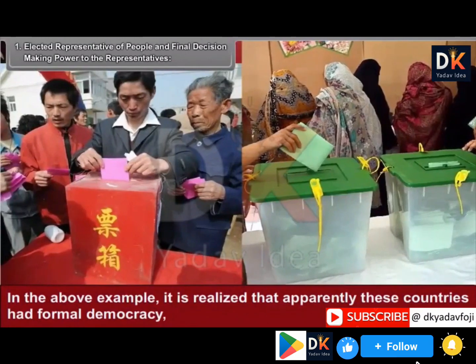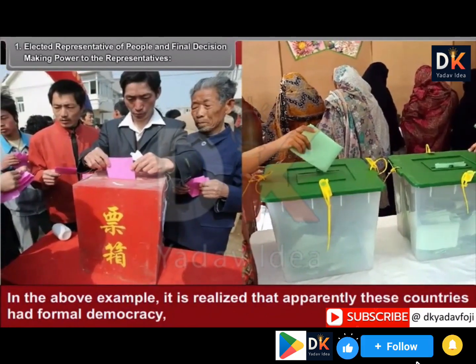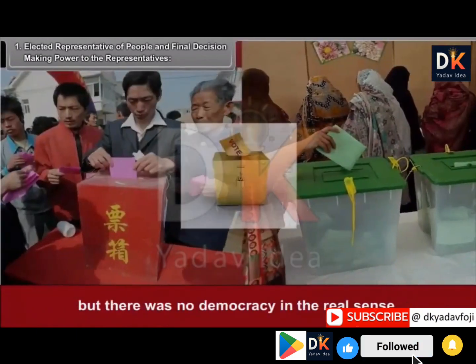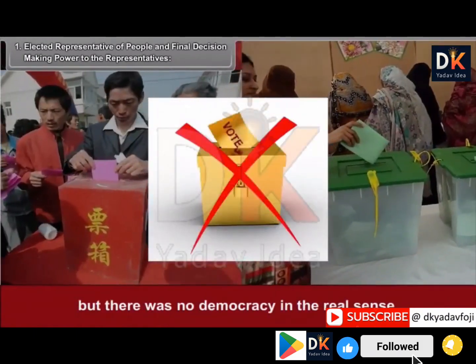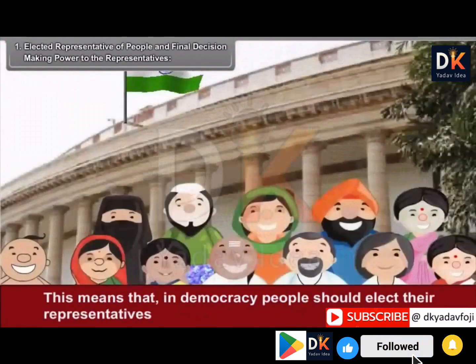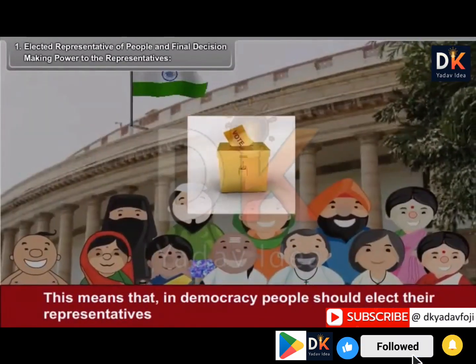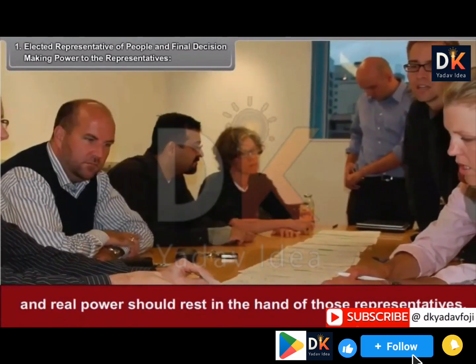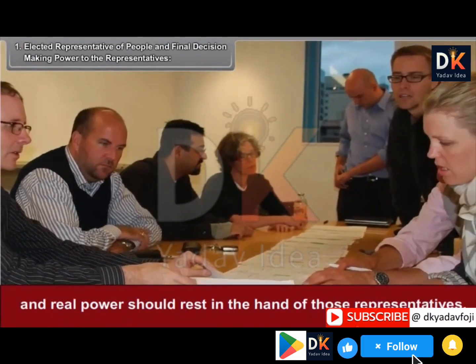In the above examples, we realize that apparently these countries had formal democracy, but there was no democracy in the real sense. This means that in democracy, people should elect the representatives and real power should rest in the hands of those representatives.